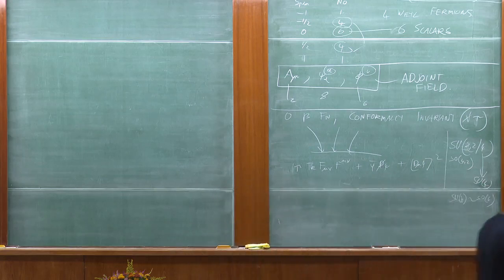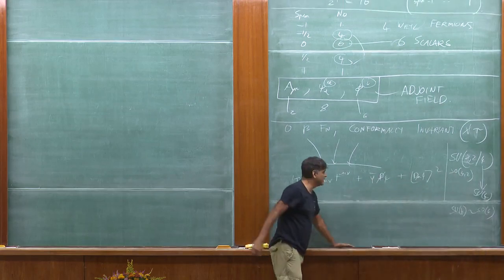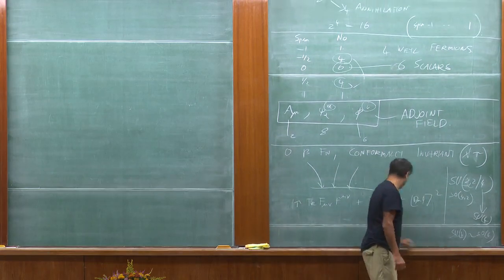The way it works goes like this. We use this isomorphism, by the way, in arguing that the superconformal algebra existed at all, right?